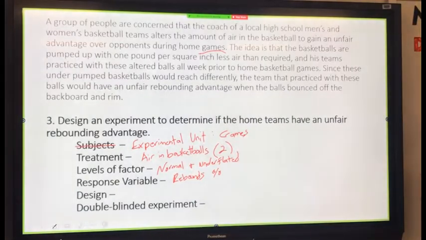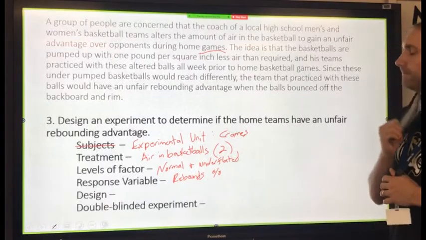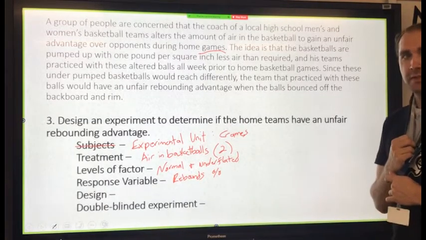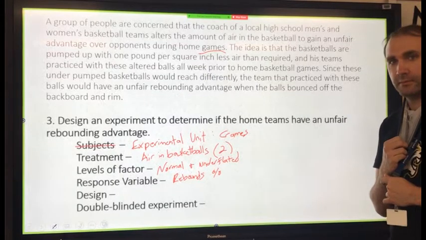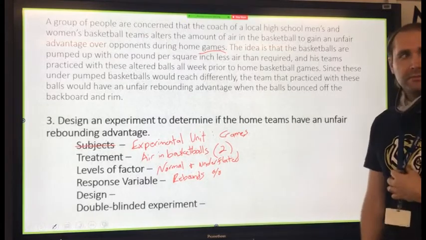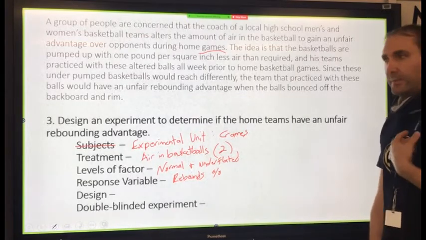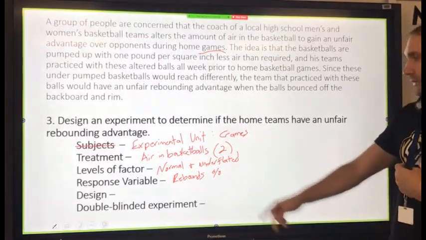Would you say this is a double-blind experiment? Could you double-blind this experiment? Would you tell the coach which balls you gave him? No, right? I wouldn't tell him. Just say, here are the balls we're experimenting on, and only you as the experimenter know if they're underinflated or normal.